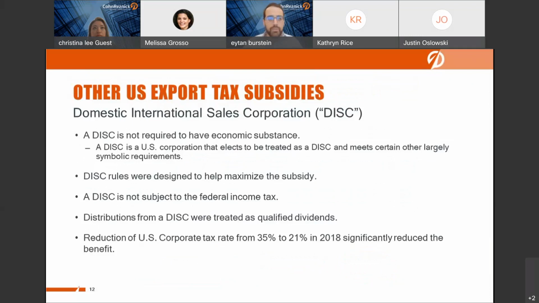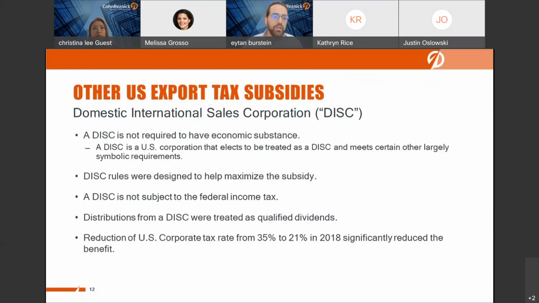One other opportunity which has been around for a while, which many of you may be aware of, is the DISC, the Domestic International Sales Corporation. This is, in essence, a paper shell company that receives a commission from a U.S. exporter of goods. The DISC does not have to have any substance in it.